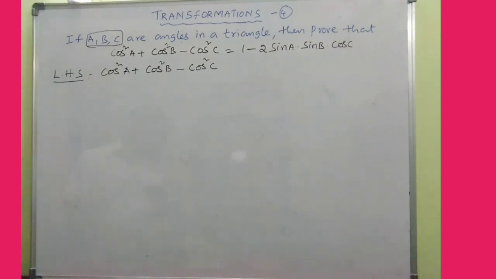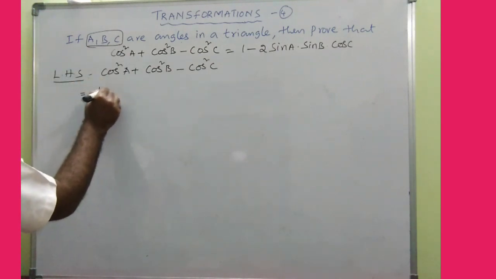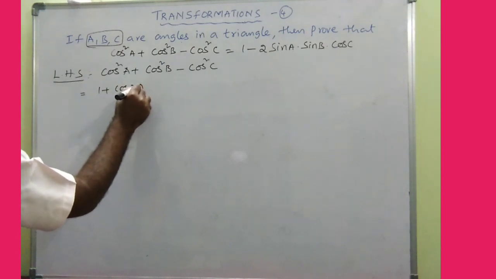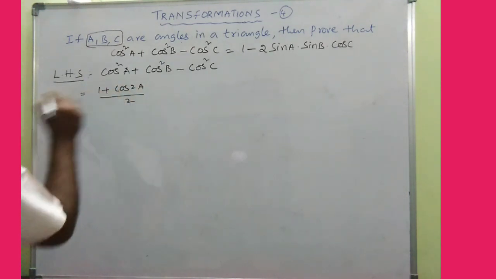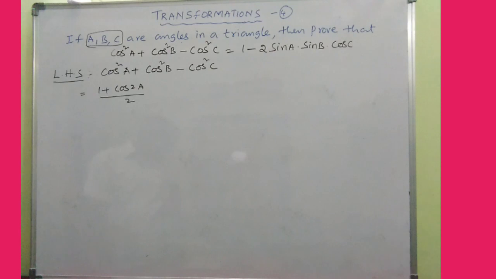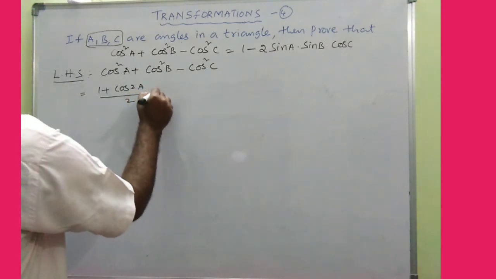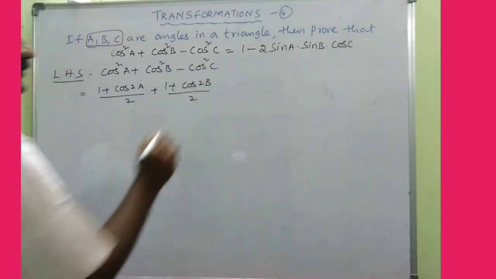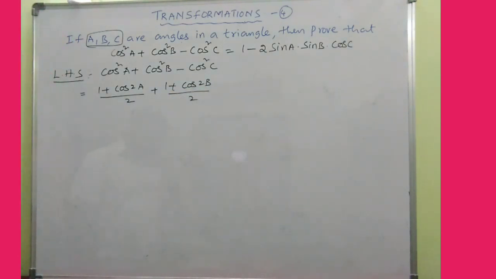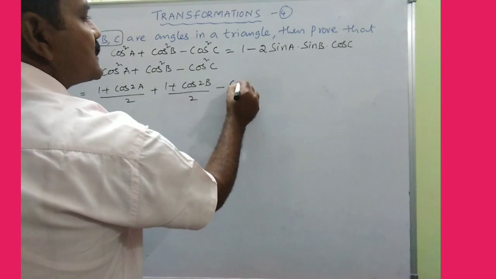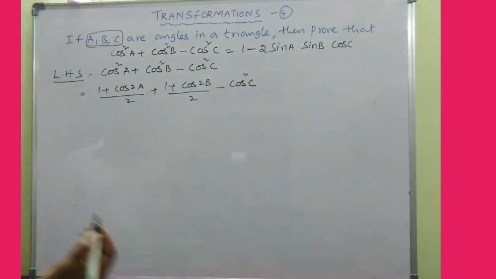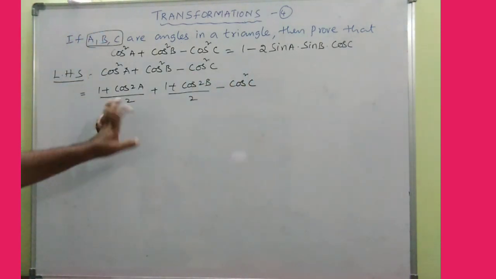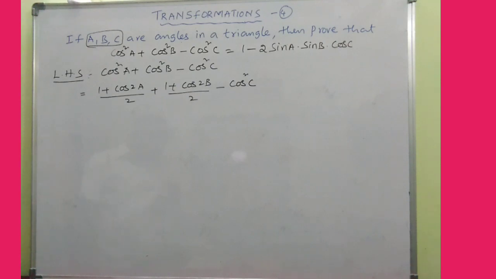Otherwise do one thing, cos square A, can we write it as (1 plus cos 2A) by 2? 1 plus cos 2A by 2 plus this is (1 plus cos 2B) by 2, and minus cos square C. Only the first two I want to change.